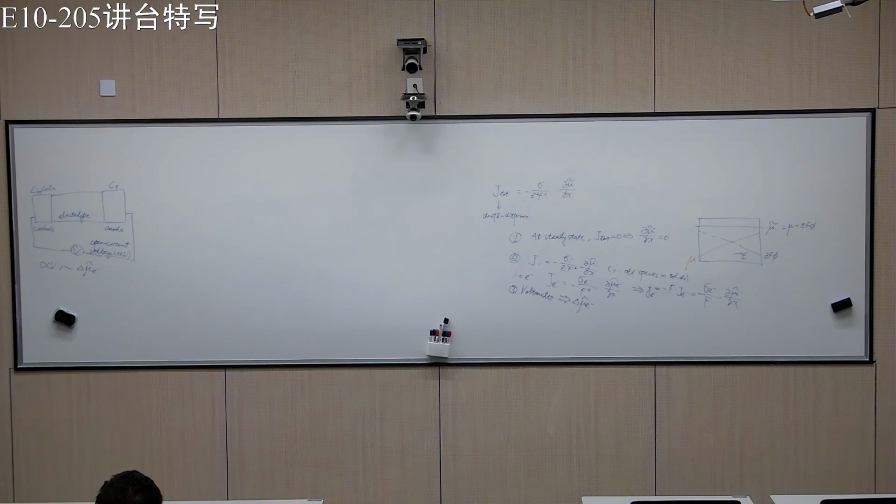Okay, so this can be understood by solving the local equilibrium at the cathode. So for example, let's take this part, the cathode, for a moment.